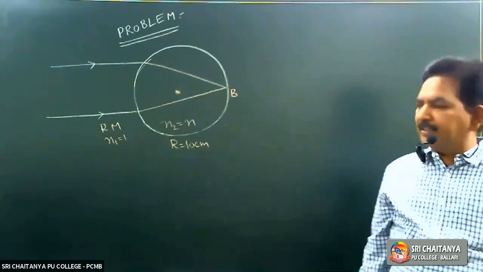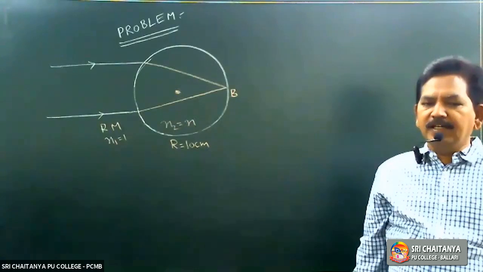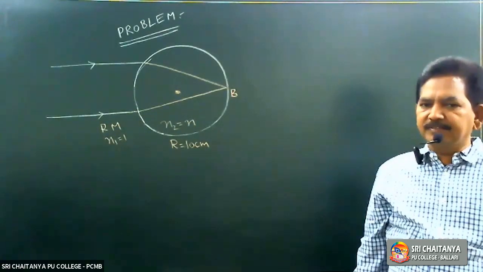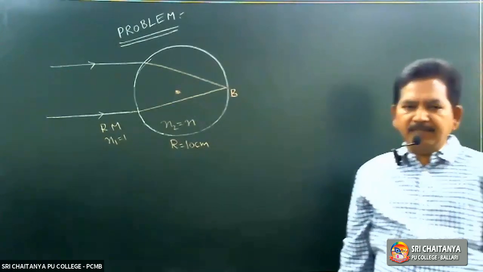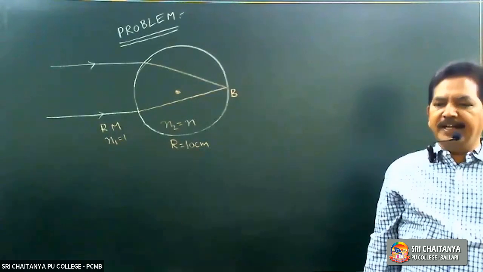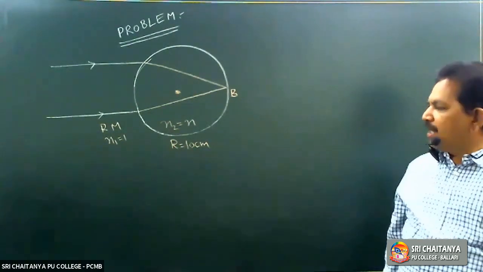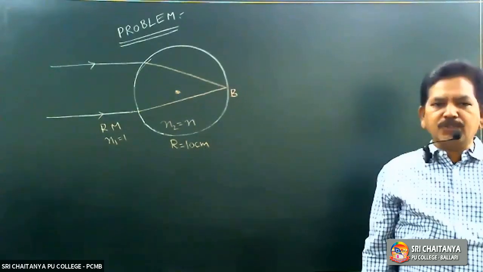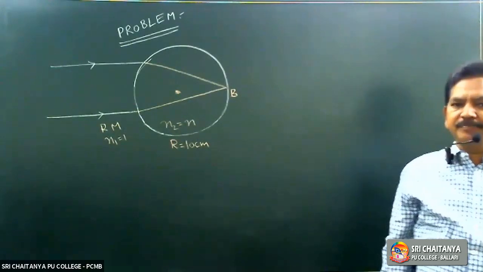The radius of curvature is given as 10 centimeters. The rarer medium is air, that is N1 is equal to 1. The denser medium is the sphere. The R value is given. You are asked to calculate N, the refractive index of the sphere.